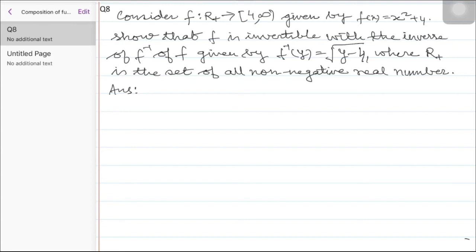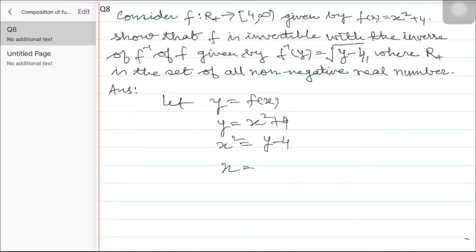Let us assume let y is equal to fx. Putting the value of fx we get x square plus 4. Solving for x we'll have x square equal to y minus 4. So x is equal to plus minus square root of y minus 4.